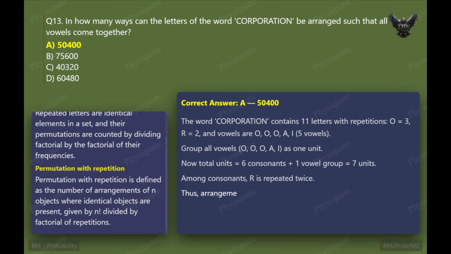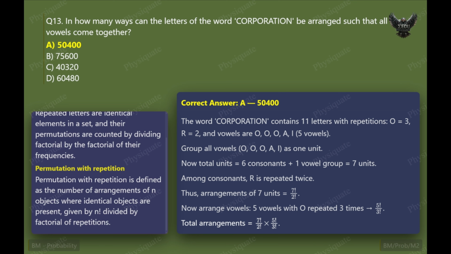Thus, arrangements of 7 units equals 7 factorial divided by 2 factorial. Now arrange vowels. 5 vowels with O repeated 3 times gives 5 factorial divided by 3 factorial. Total arrangements equals 7 factorial divided by 2 factorial times 5 factorial divided by 3 factorial.